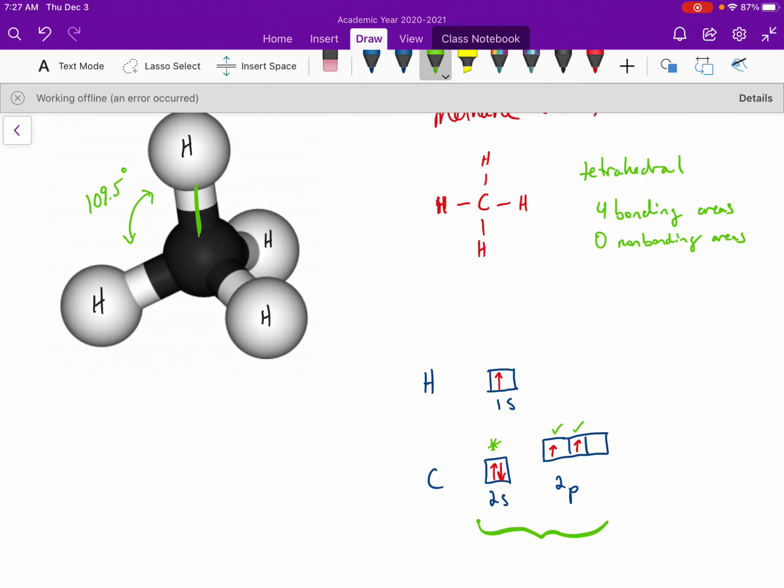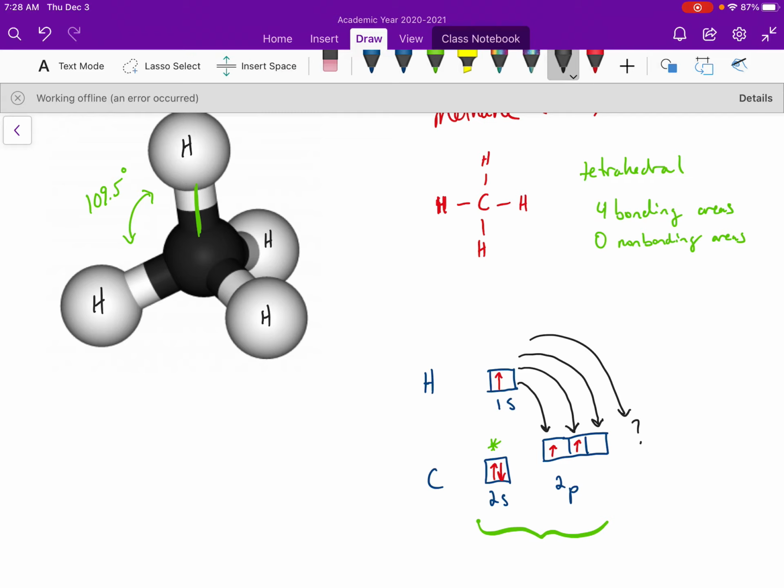And so the way this would work in theory is I would have 1 hydrogen 1s overlap with this one, another hydrogen 1s overlap with this one, another one overlap with this one, but then what about that 4th hydrogen? Where's it going to overlap with? Because it can't overlap twice with the same orbital, right?